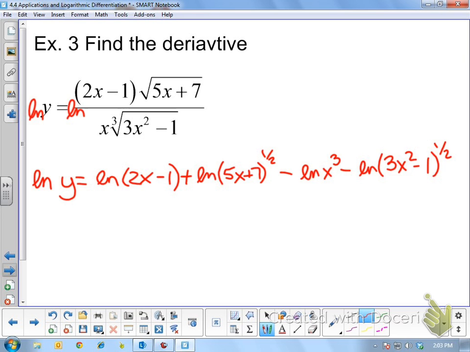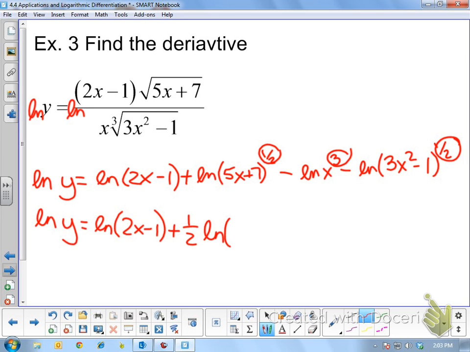So what do I do with these powers that were up here? You can put them down in front. Then they're coefficients. This makes it even better for us, because the derivative of a coefficient stays. So we have ln y equals ln(2x minus 1) plus 1/2 ln(5x plus 7) minus 3 ln x minus 1/2 ln(3x squared minus 1).